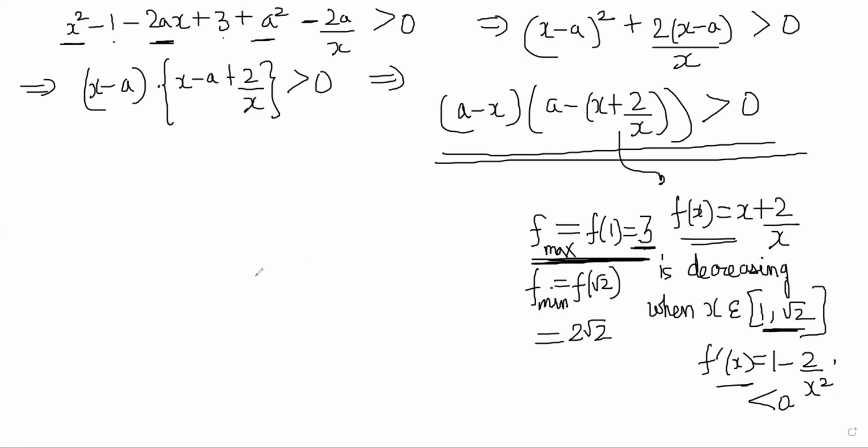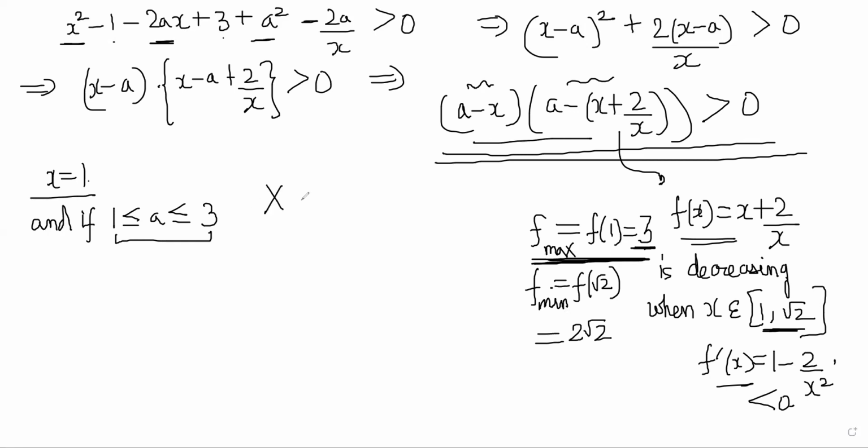Great. Now, we can see that for this inequality, if I say x is equal to 1, and a lies in this range, 1 to 3, then what is happening is this inequality is not greater than 0.